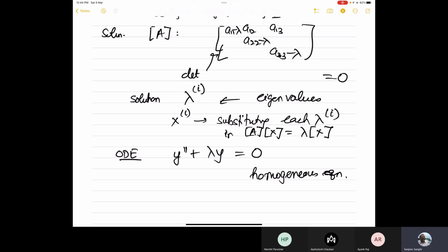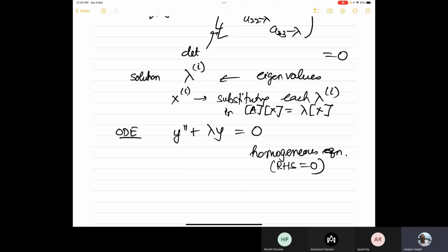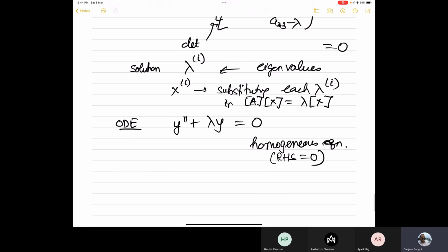What do we mean by a homogeneous equation? The right hand side is 0. That means you only have the dependent variable and its derivatives. In a non-homogeneous equation, you will have f of x on the right hand side. An example is Laplace's equation is homogeneous and Poisson equation is non-homogeneous.